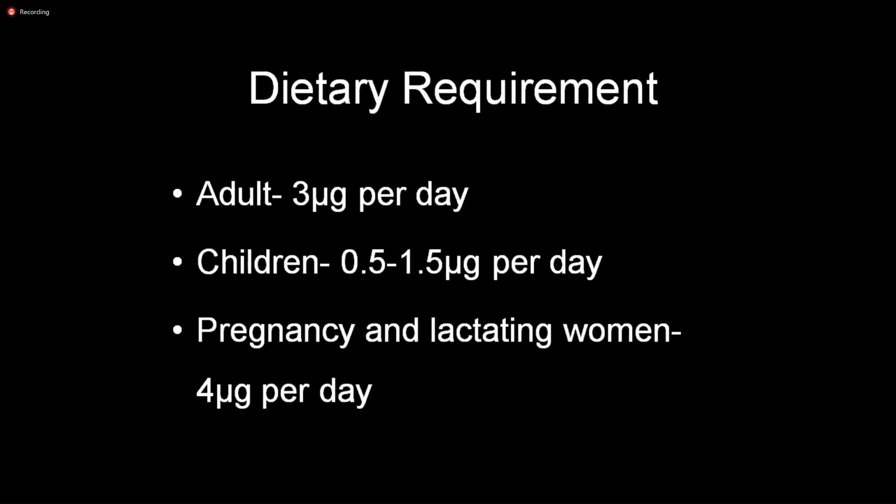So what about the daily requirement? If you see, the daily requirement is very, very less. An adult requires 3 microgram per day, okay, and children require even less vitamin B12. But pregnant and lactating women need a larger amount of vitamin B12, that is 4 microgram per day, because of the rapid changes of the hemopoietic system, like rapid synthesis of RBCs and WBCs and other cells, which require vitamin B12.